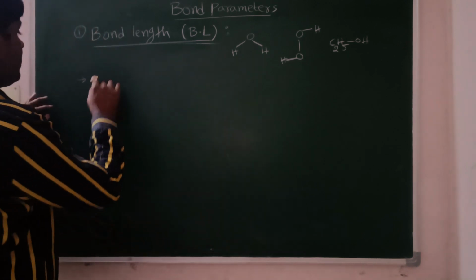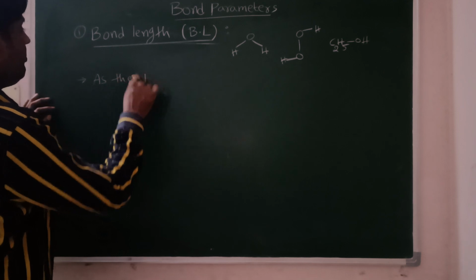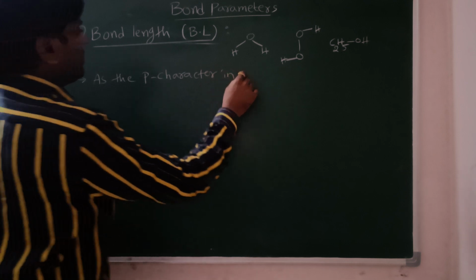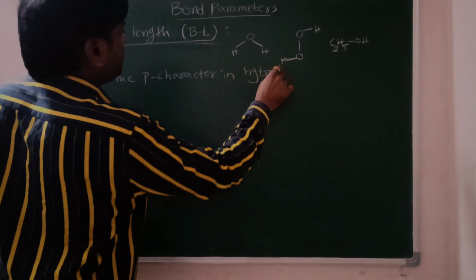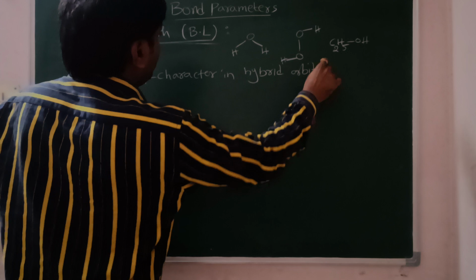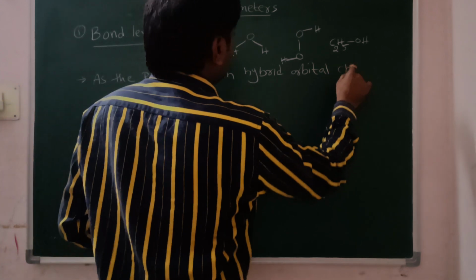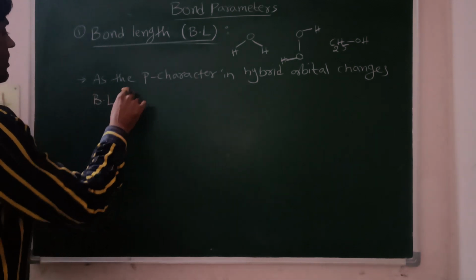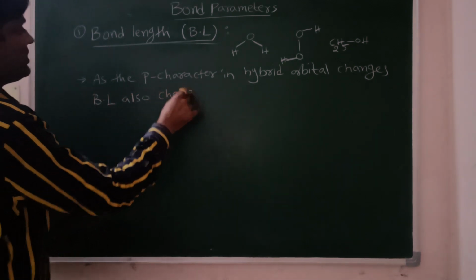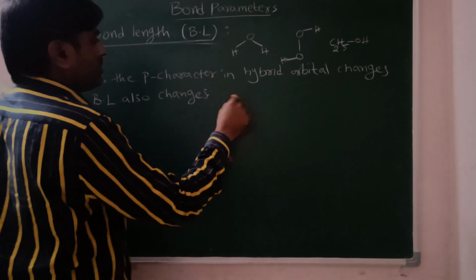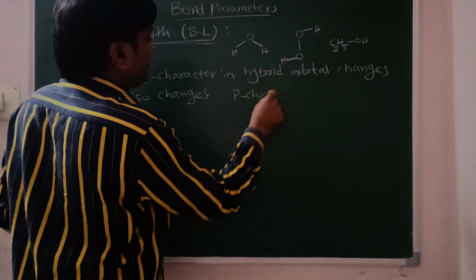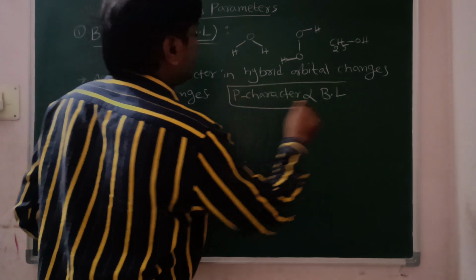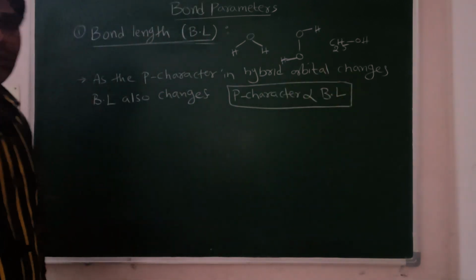So I am writing the statement: as the p character in hybrid orbital changes, bond length also changes. So how does it change? P character is directly proportional to bond length.